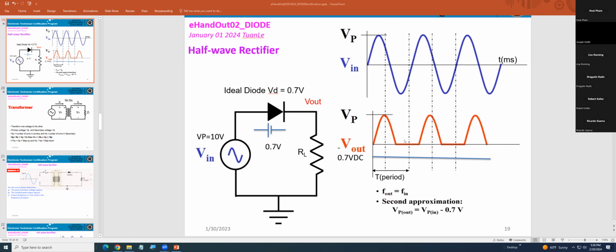And where does that 0.7 volts, that line in the blue, where does that come from? That means at the positive here, you get the diode on, right? That means the voltage Vout for the DC will be equal to minus 0.7.